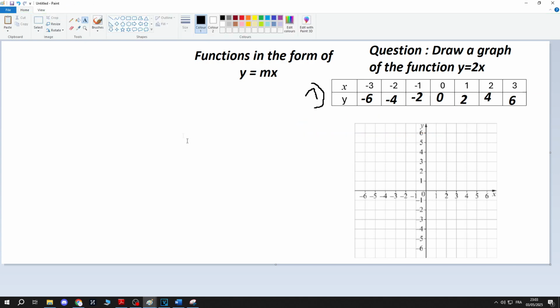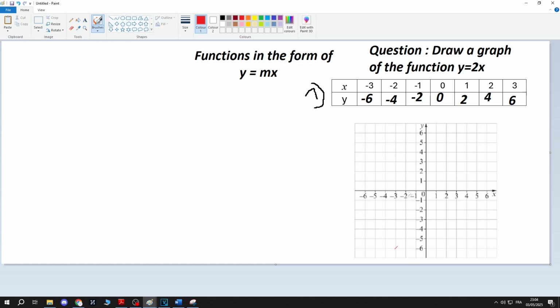Then all we have to do is grab our pencil and plot our points. Isn't that right? So let's do exactly that. When x is -3, that means I'm going to the left 3 times. Y is -6, it's right over here. All right.